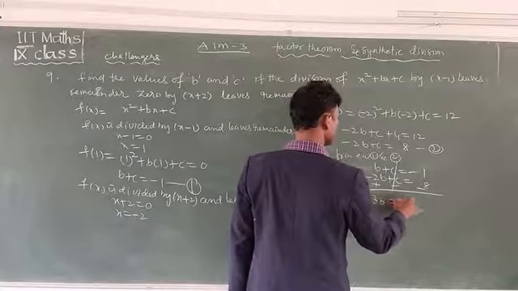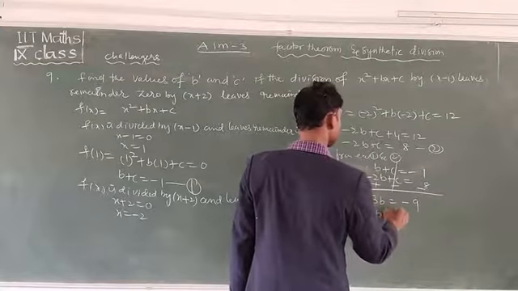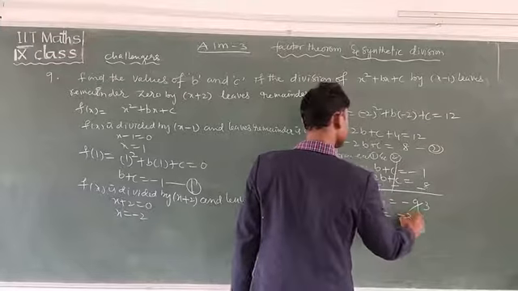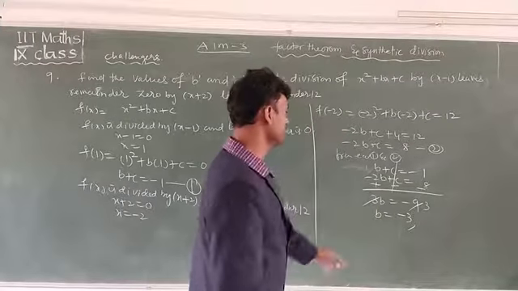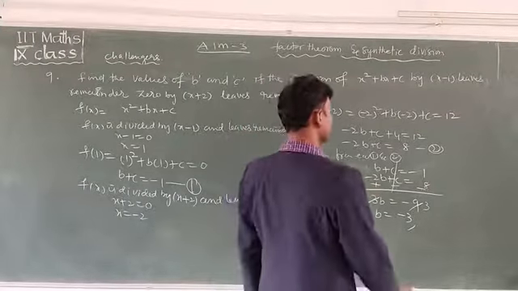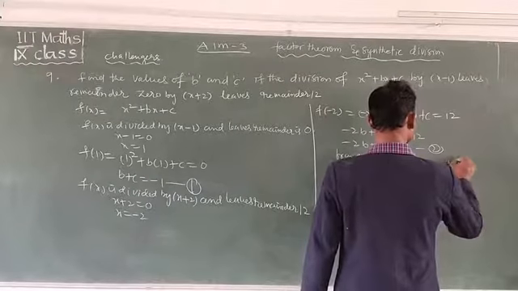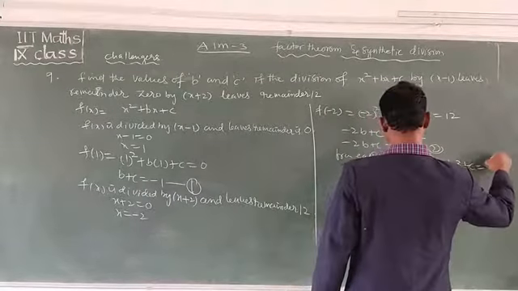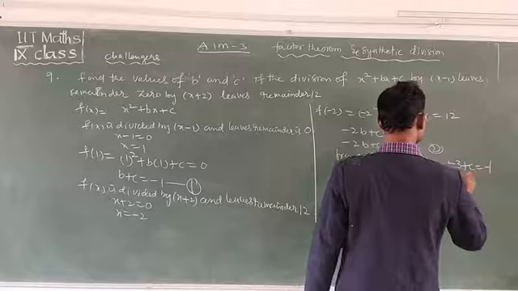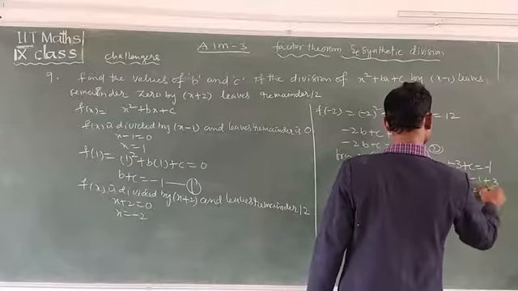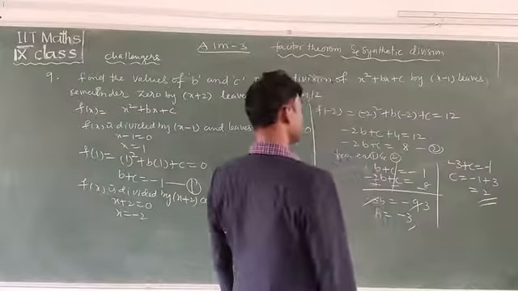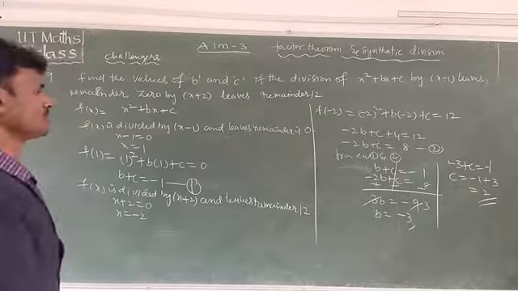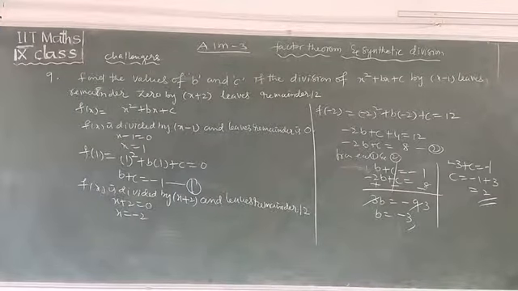Here 3b is equal to minus 9, b is equal to minus 3. This b value you have to substitute in equation 1. Then minus 3 plus c is equal to minus 1, then c is equal to minus 1 plus 3, which is equal to 2. So b is equal to minus 3 and c is equal to 2. Note it down.